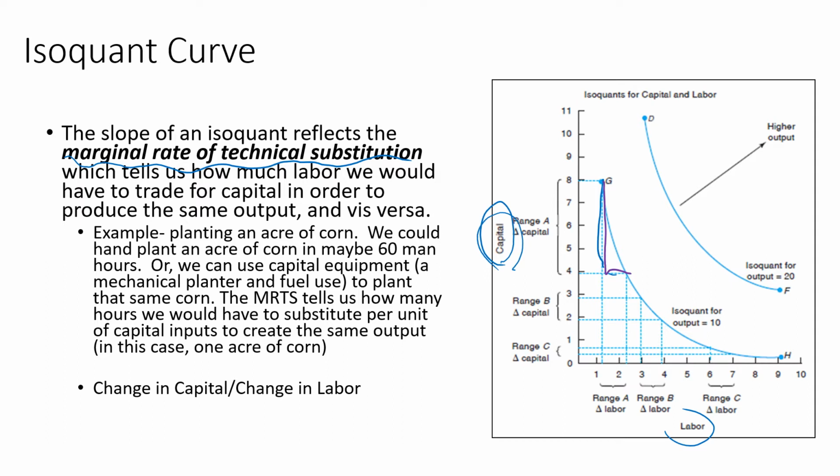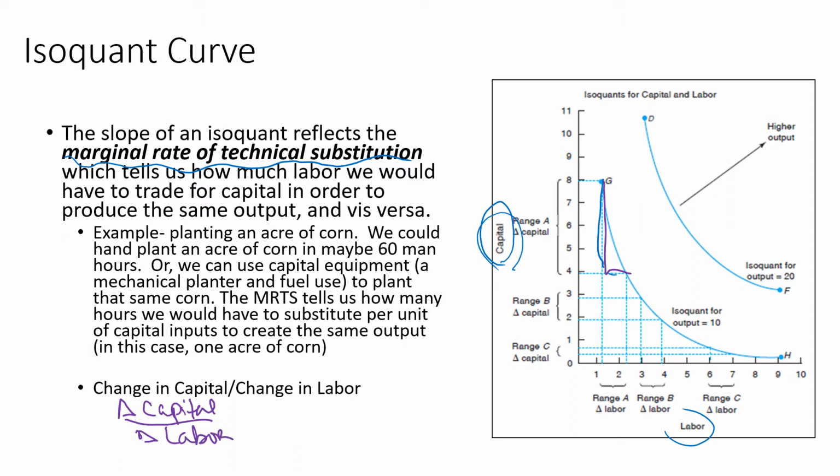So marginal rate of technical substitution, how we're going to calculate that, the equation is just change in capital divided by change in labor. So we could do, or change in input 1 divided by change in input 2. So change in capital divided by change in labor.